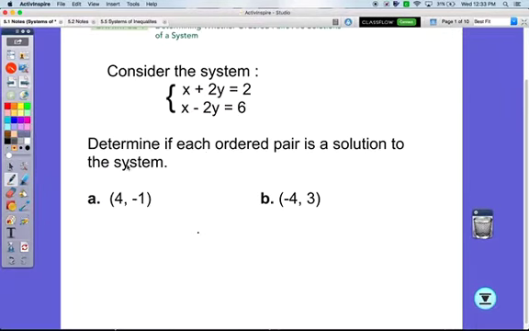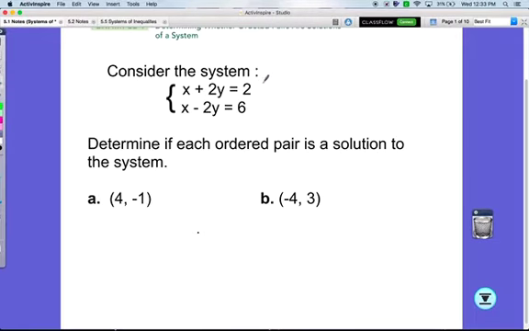If you want to determine whether (4, -1) is a solution to the system, you want to plug the 4, -1 into both equations. I'll call this one equation 1 and then equation 2. Plug 4, -1 into equation 1.